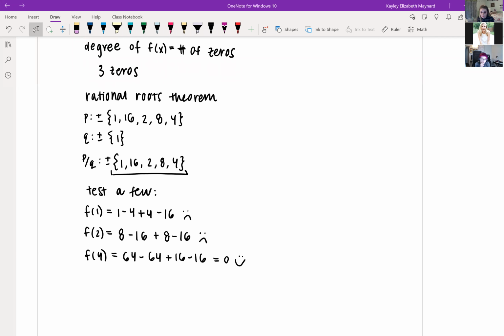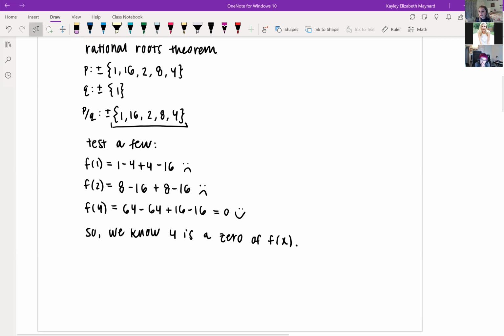So let me just write down what this gives us. We know that 4 is a 0 of f of x. And when we get a 0, we know that there's also a factor of f of x associated. So we know that x minus 4, because we have x minus that 0, is a factor of f of x.